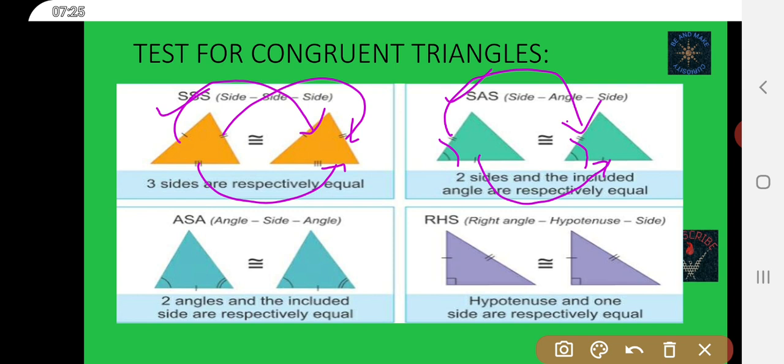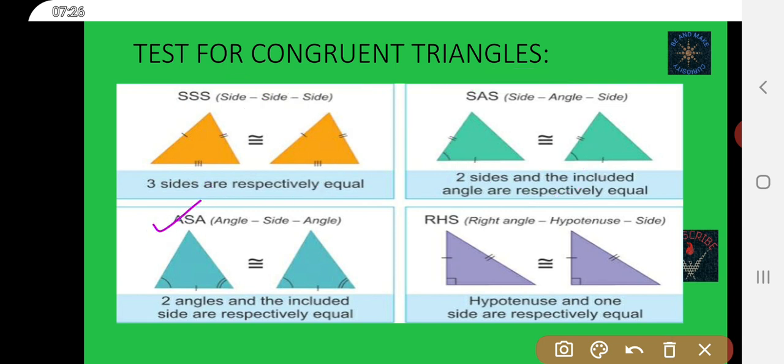The angle between the two sides is also equal, and if the two sides and the included angles are respectively equal, then we can say two triangles are congruent.